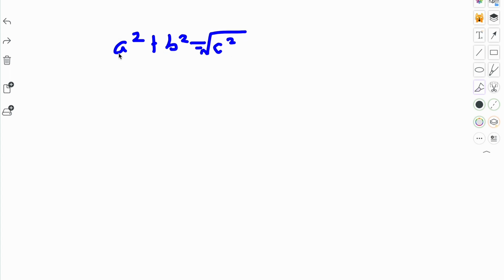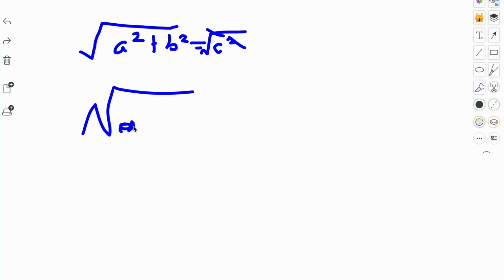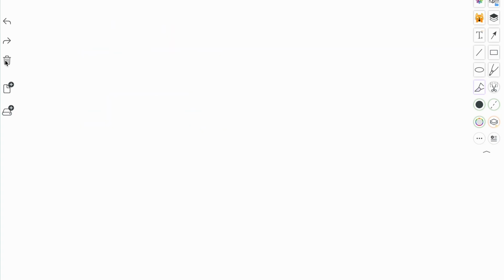So we have the square root on this side, so we're going to square root this on this side. So this cancels out with this, and then we're left with the square root of a squared plus b squared equals c. So we're going to have that. Just make sure you know how to move your equation around, or you can watch that again.